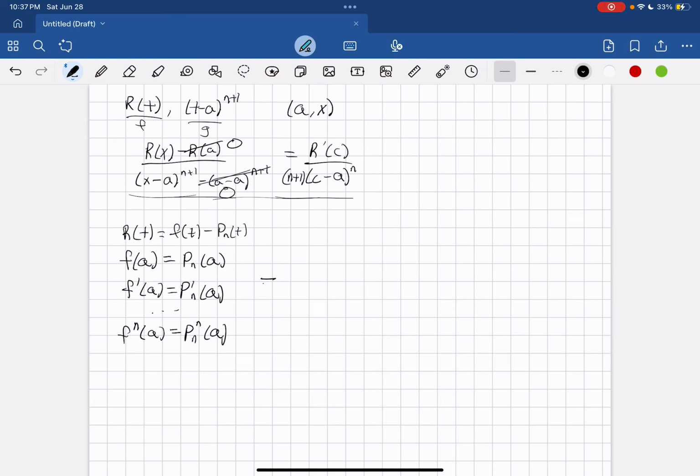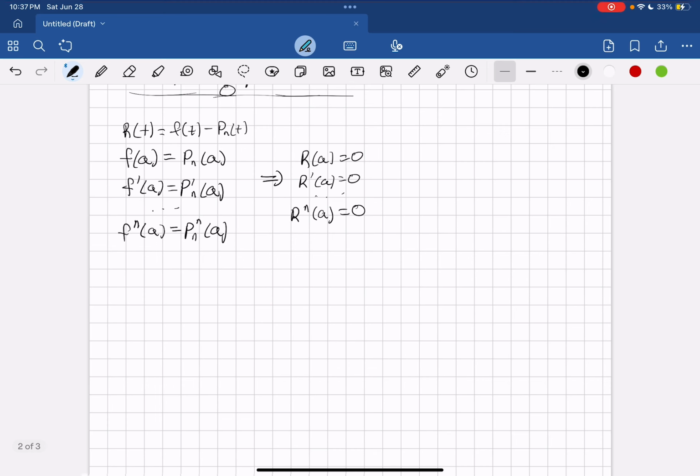So this implies that r of a is 0, r prime of a is 0, and so on all the way to the nth derivative of r is 0. And the reason we're looking at this is because we're going to apply Cauchy's mean value theorem again to the results above.